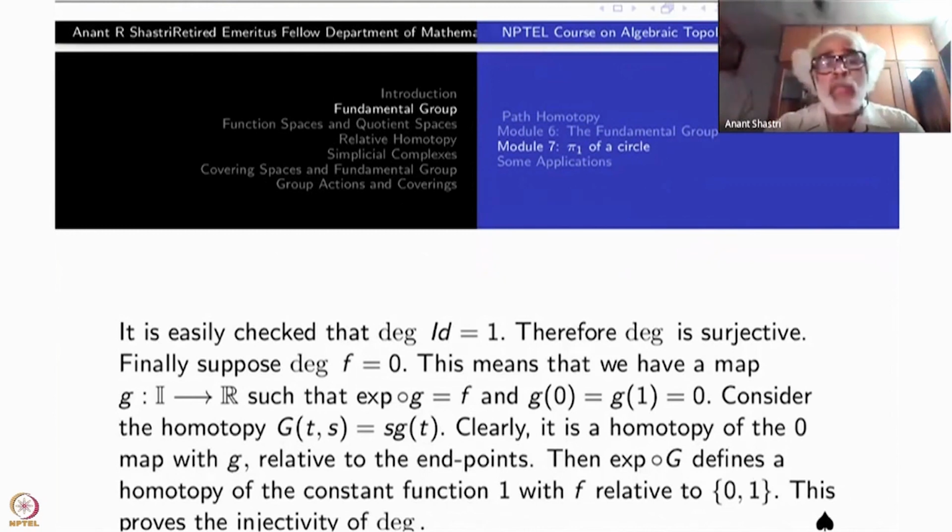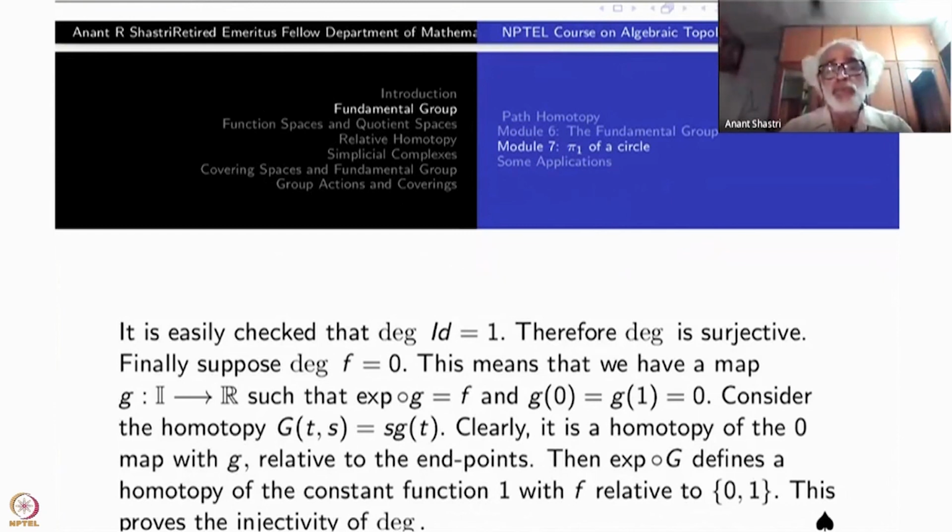We showed the degree of f is 0. The class of f must also be the identity element of the group. So this proves that the degree, being already a homomorphism, is injective now. The kernel of a homomorphism is 0 means it is injective.